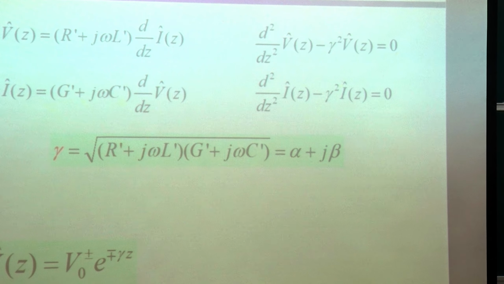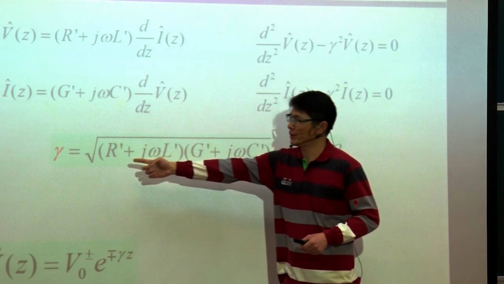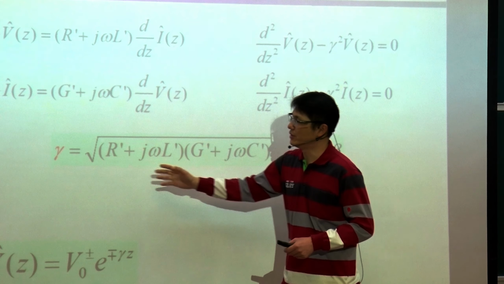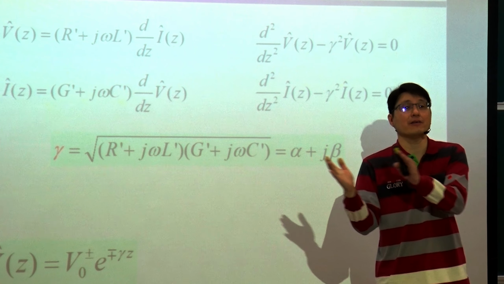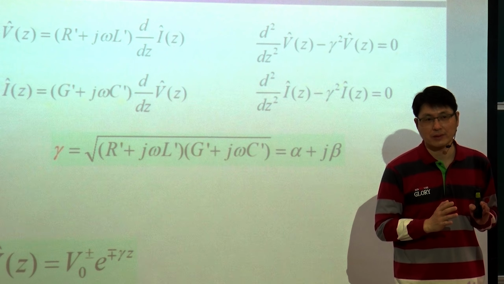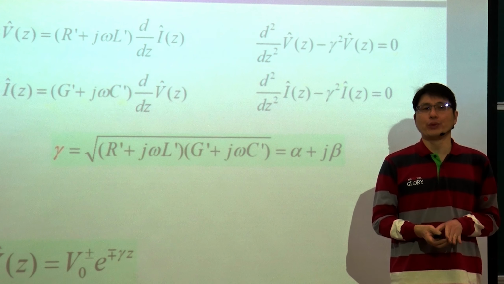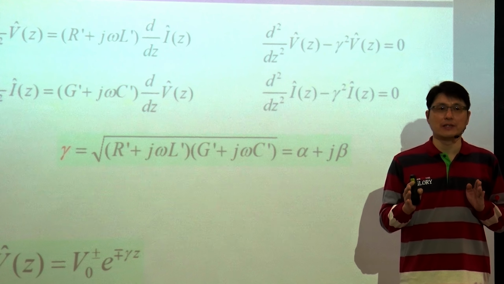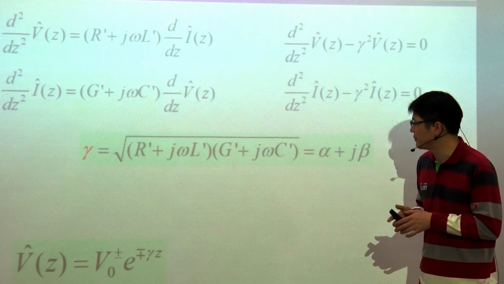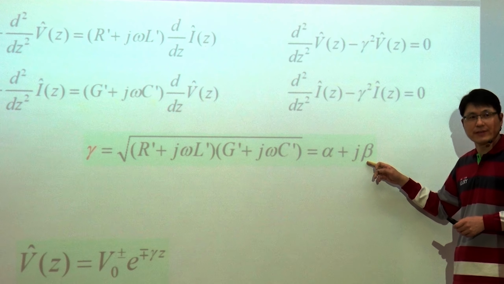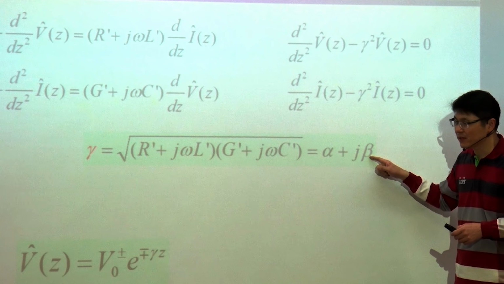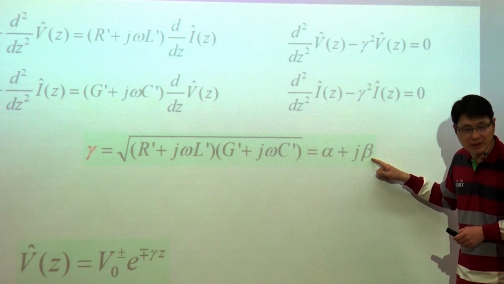And then somehow we define this gamma, right? This complicated stuff is actually telling you how the wave is propagating on the transmission line. Now, if you really want to ask yourselves the physical meanings of gamma, loss, and the effective wavelength, beta is 2 pi divided by lambda.